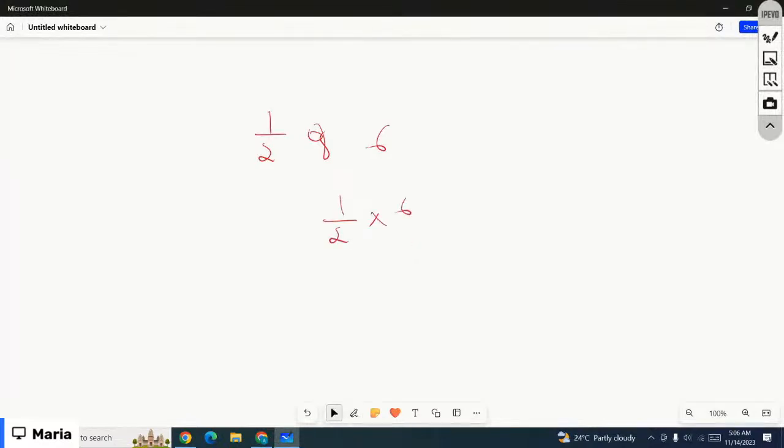So 6 doesn't have any denominator. That means its denominator is 1. So you have to do numerator times numerator and denominator times denominator. 6 times 1 is 6 and 2 times 1 is 2, right? Then you can divide 6 by 2. 2 times what number is 6?